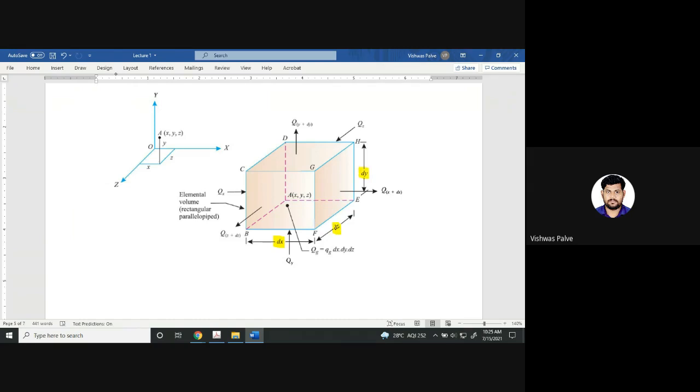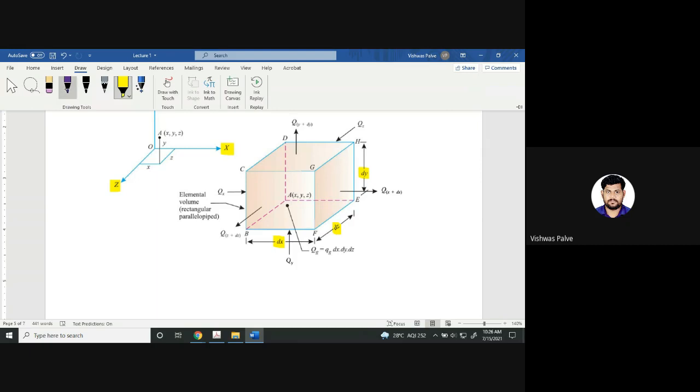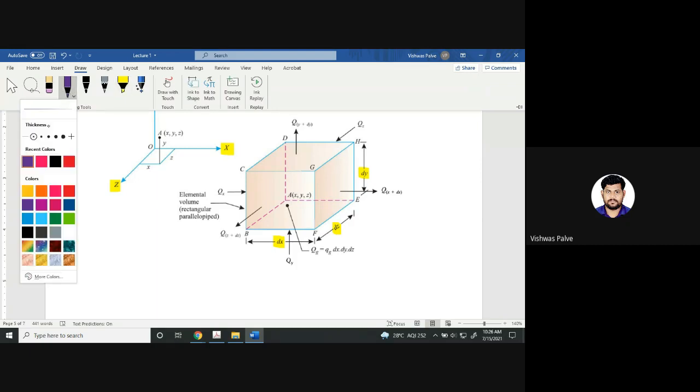Here you can see the x direction, y direction, and z direction, and the sides of the object are dx, dy, and dz. T is the temperature, and we consider the change in temperature with respect to time.